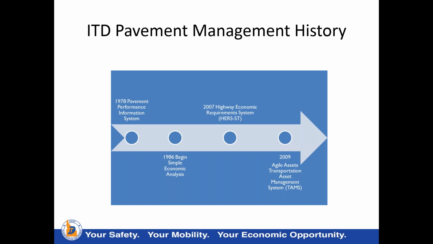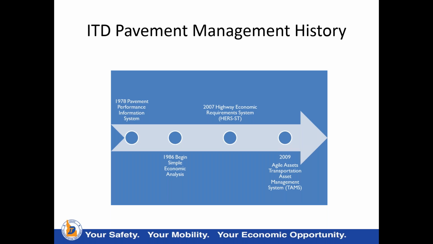This system was utilized for nearly 20 years until it was replaced with the HERS-ST program. ITD discovered that that program, while it was a good program, was not adequate for our needs. So in 2009, we purchased a transportation asset management system, TAMS, from Agile Assets.